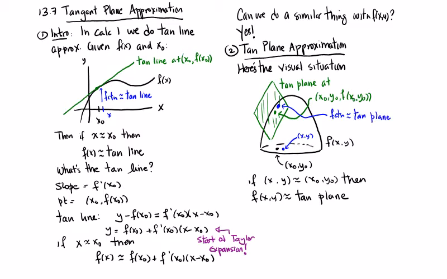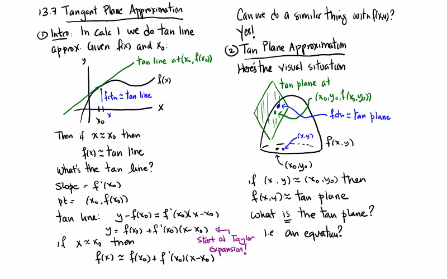So then this leads us to the obvious question: well, look, if we believe all this, what is the tangent plane? In other words, what is an equation of it? Because it's only by doing that that we can go through this process that we did on the other side, right?